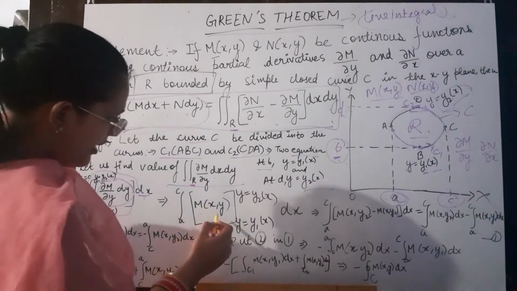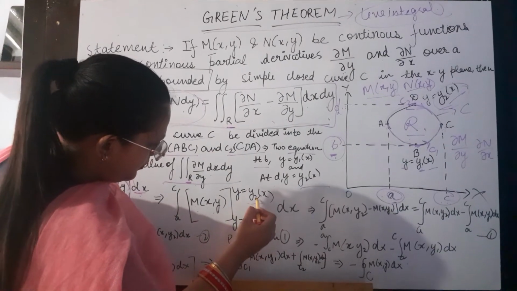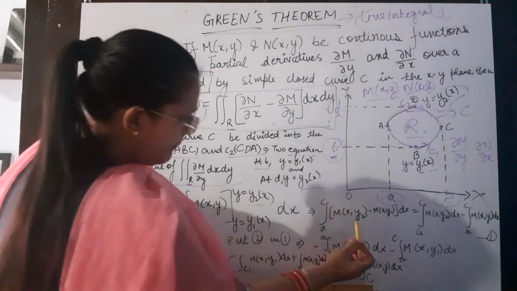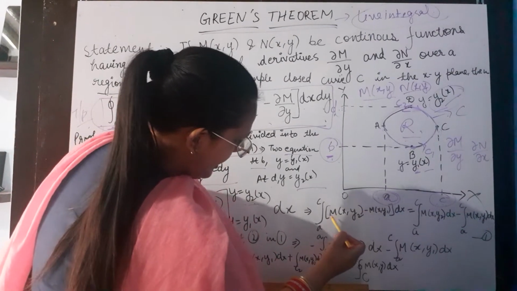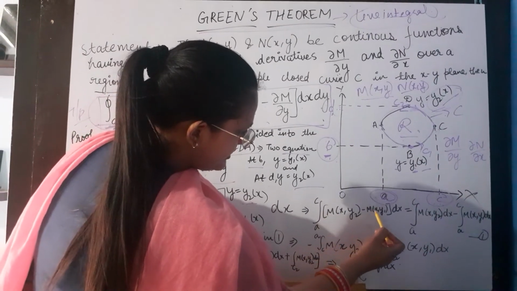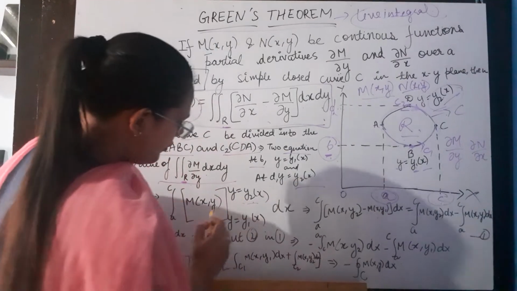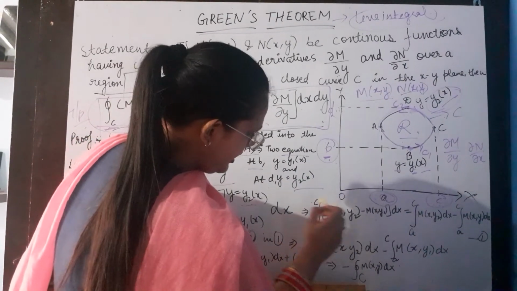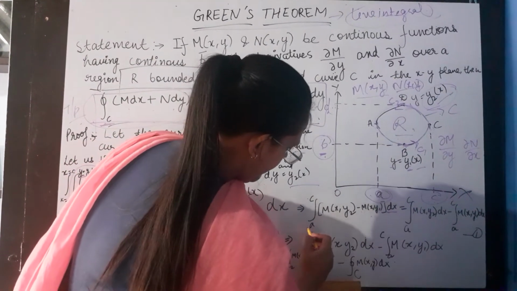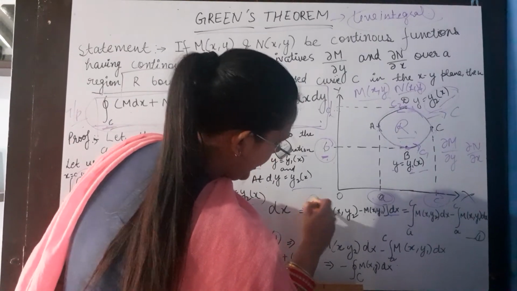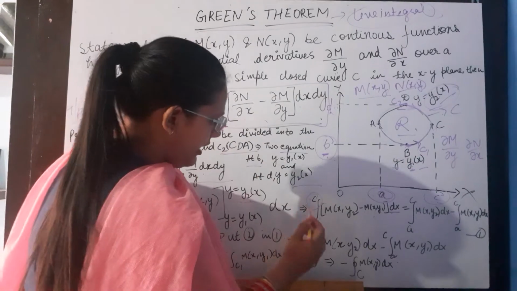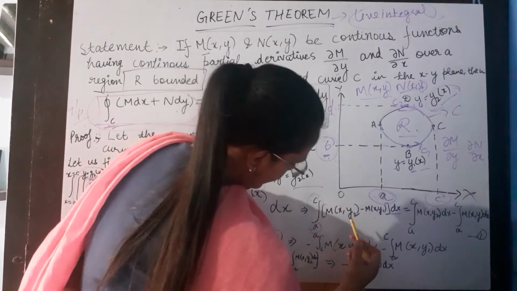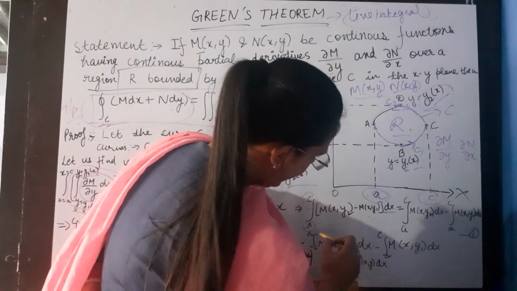When we put in the values, we first put the upper limit y2, then the lower limit: M(x,y2) minus M(x,y1). Now we are left with the limits of x, a to c.